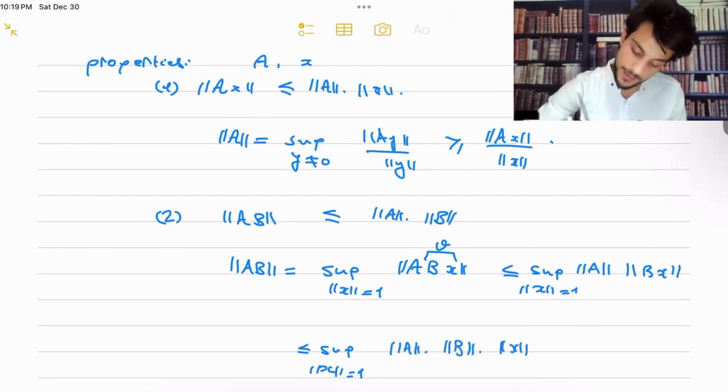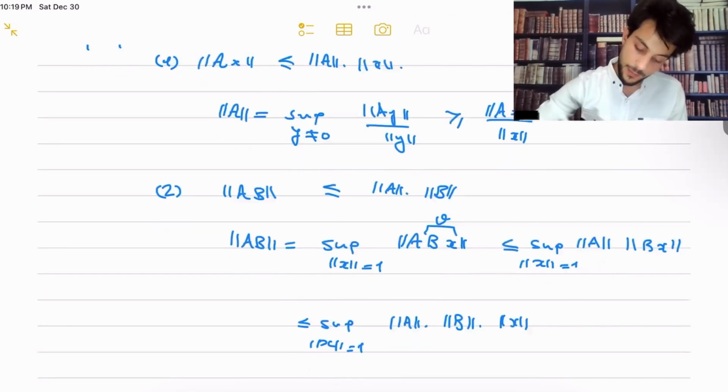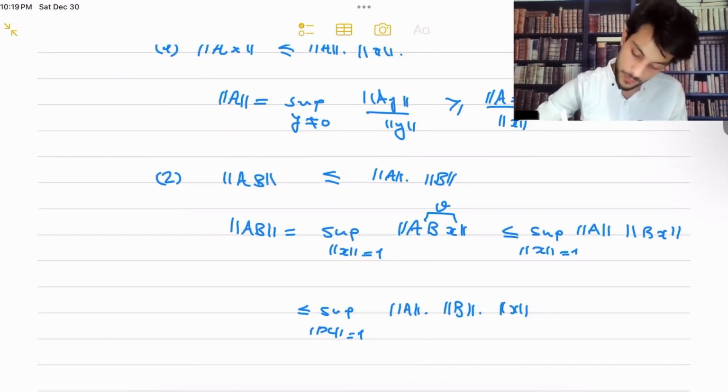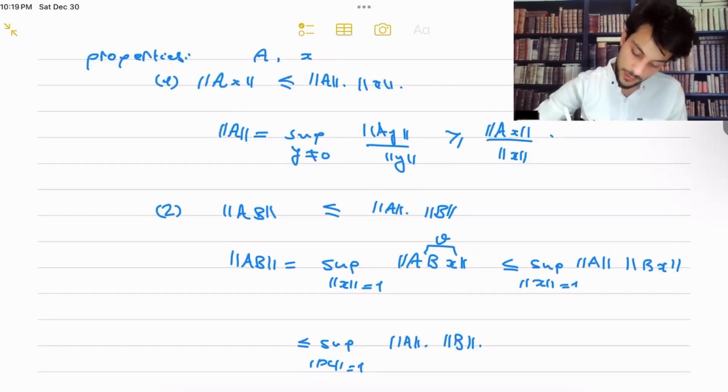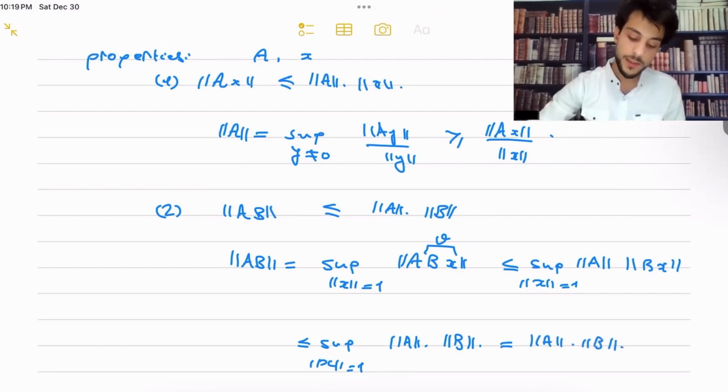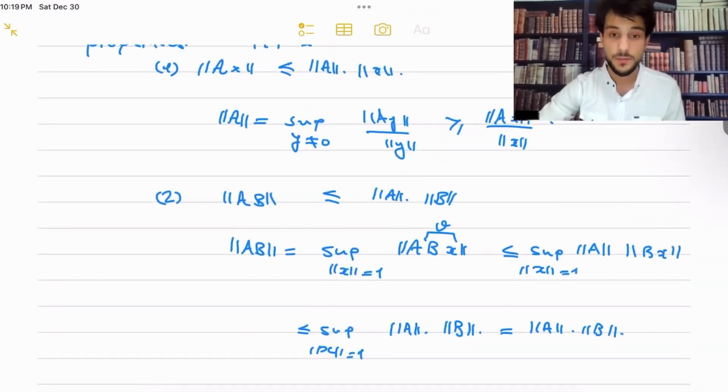But x here is of norm 1, so we can just replace that by 1. Since this is a constant independent of x, we can just get rid of the sup, and we get the inequality that is desired.